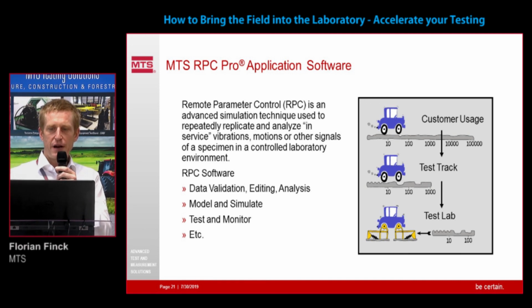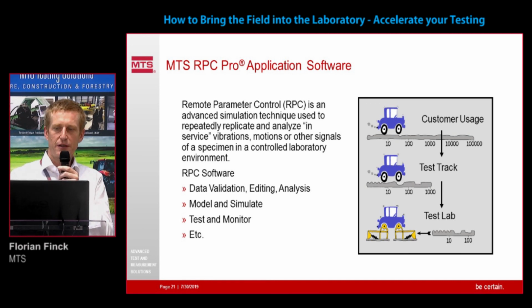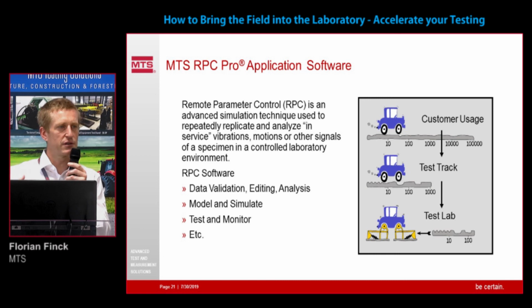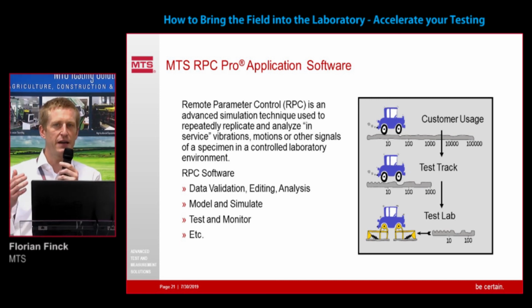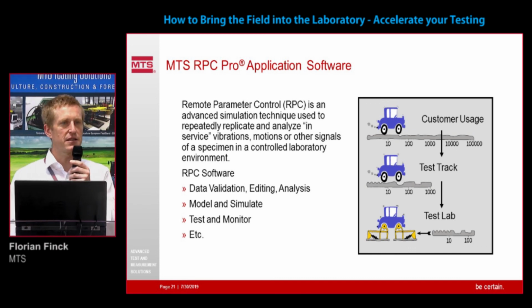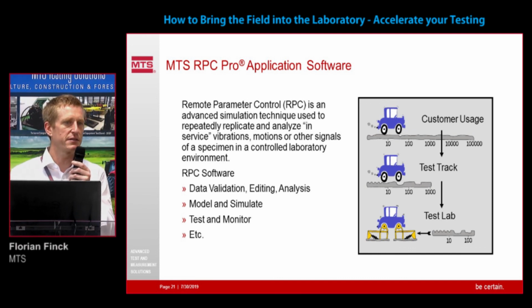This example on the right shows a little bit also the acceleration on the timeline here. So the customer is using the vehicle on a road many thousand kilometers. Most of our customers, the OEMs, have some reference test tracks where they say, if I ride my vehicle on this test track for 1,000 miles, this equals 100,000 miles in the field.